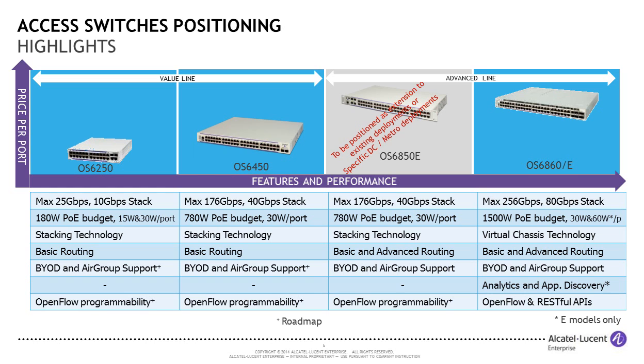So, working our way left to right on this chart, we have the 6250 and the 6450. These are layer 2 switches. They have some basic layer 3 capability, but really their strength and their sweet spot is being deployed at the very edge of the network.